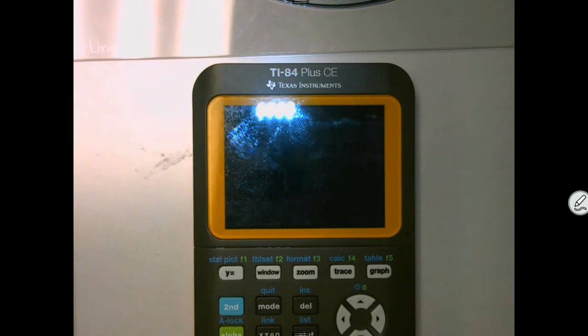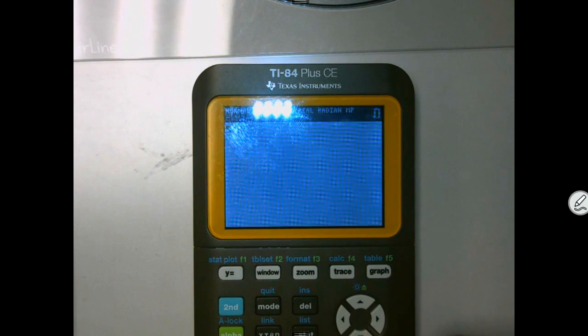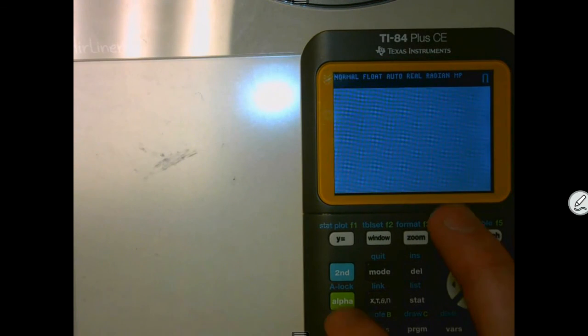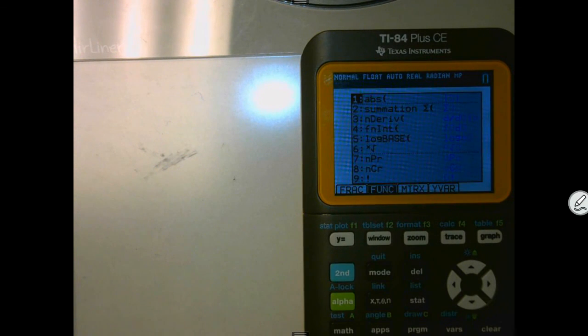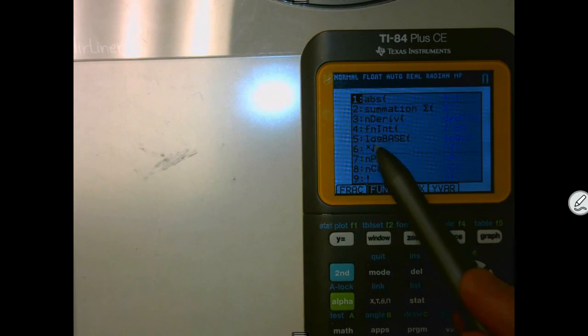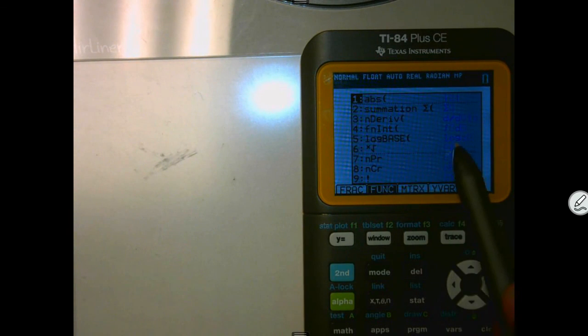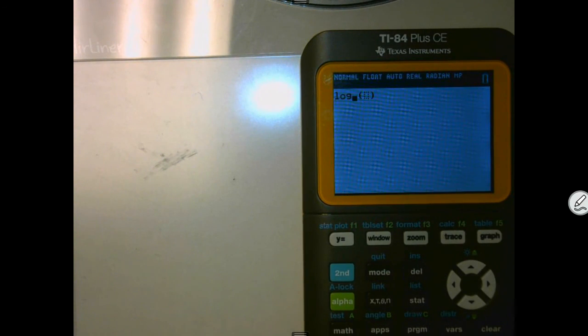So on our graphing calculator, if I hit alpha F2, or alpha window, I get a nice big menu with different things. Number 5 says log base, and over here in blue it tells you what it looks like. I know it's kind of hard to see on the screen. If I hit 5, now I can put in log base 6 of x, or any number I want.